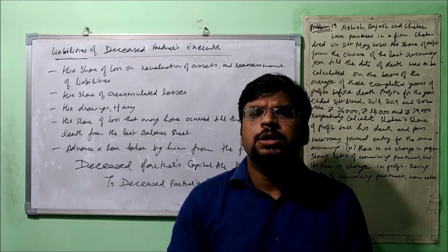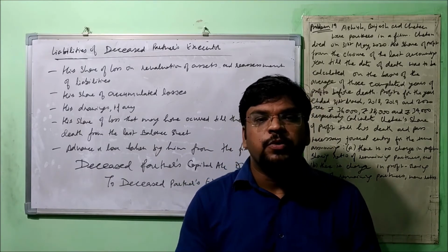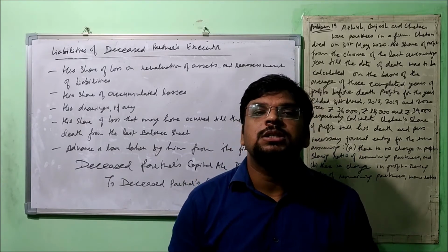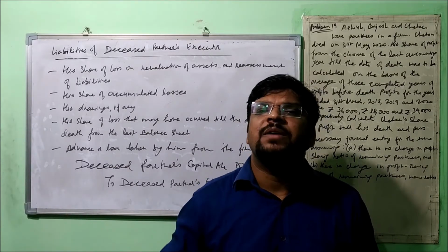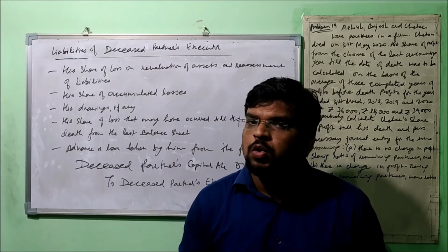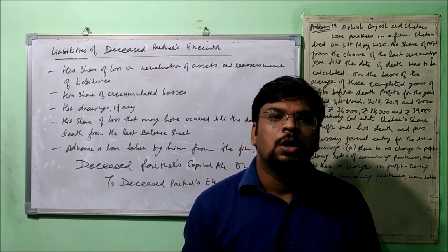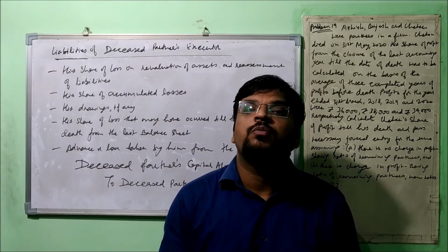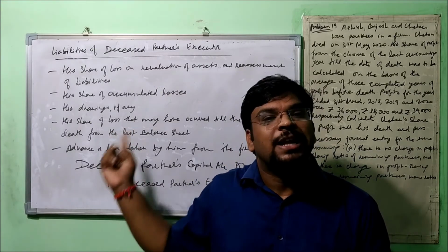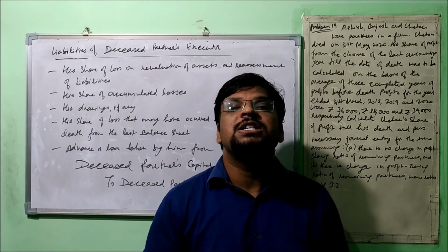We'll talk about it in detail in a little while. Before that, I must discuss what journal entry will be passed. Either we adopt the time basis method or the turnover basis method, after the adoption of that method, if we are able to calculate the share of profit of the deceased partner for that period, then what journal entry is passed?